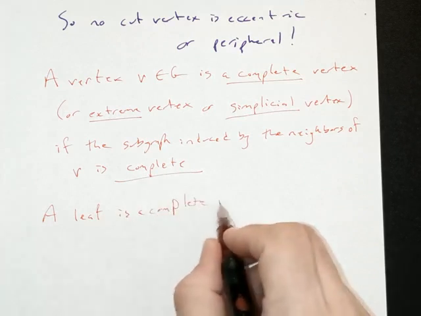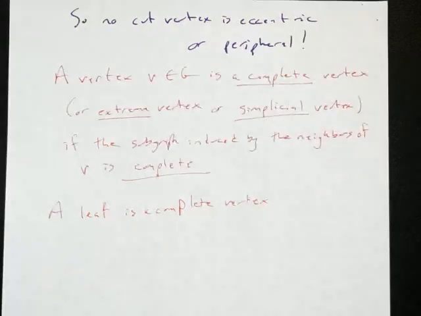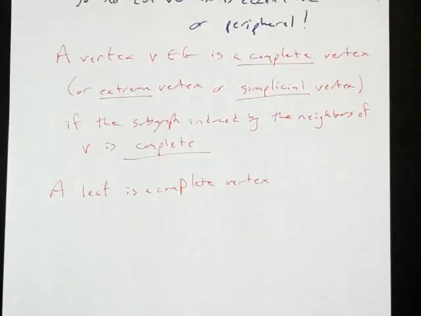Help me understand why that's true. And the complete graph of the neighbors is just an isolated vertex, isn't it? Here's my leaf. This is the only vertex adjacent to it. That's a neighborhood all on its own. That's a complete graph on one vertex. Kind of boring because it has no edges. Because it's the end of the P2. Perfect.